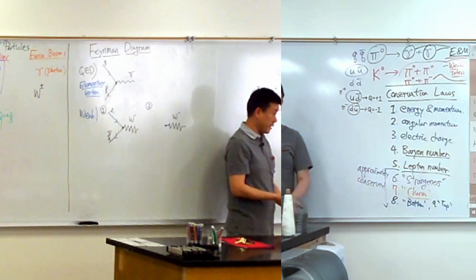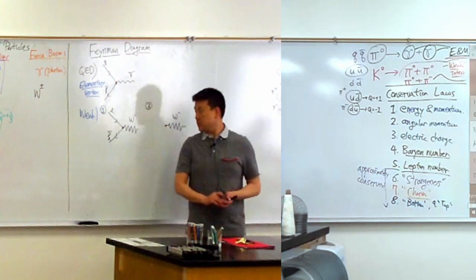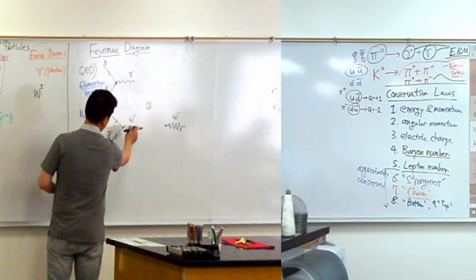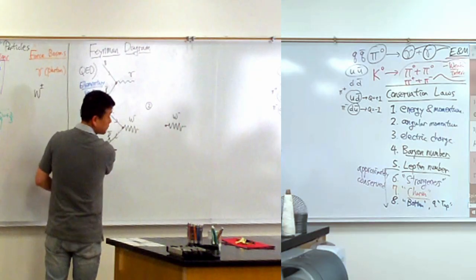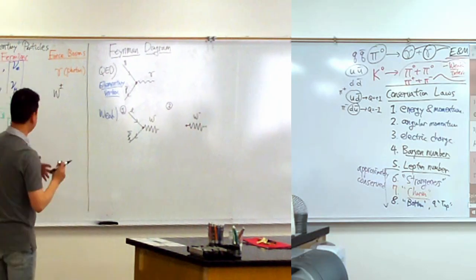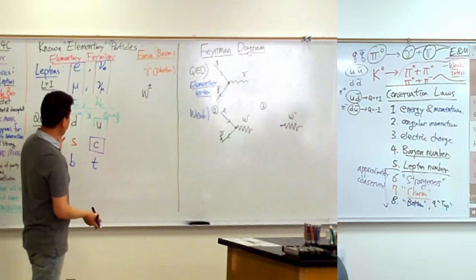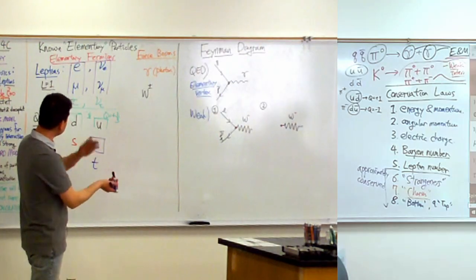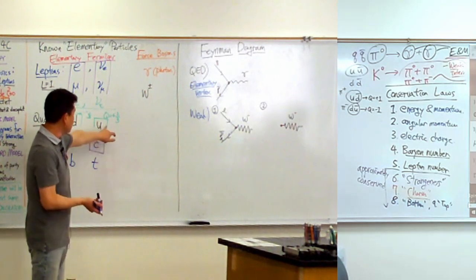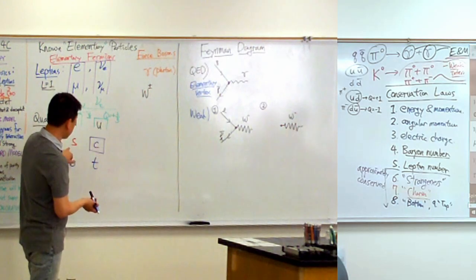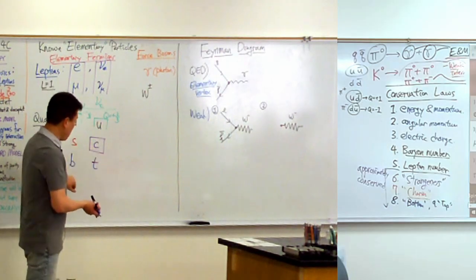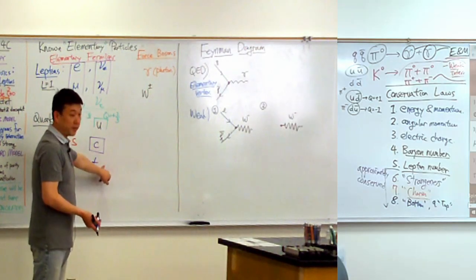violated is the weak interaction. So just like this interaction turns a lepton into a neutrino, we should have an interaction that turns a down quark into an up quark, or a strange quark into a charm quark, or a bottom quark into a top quark.